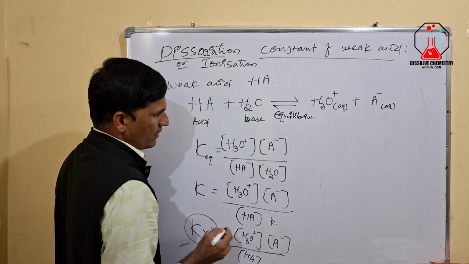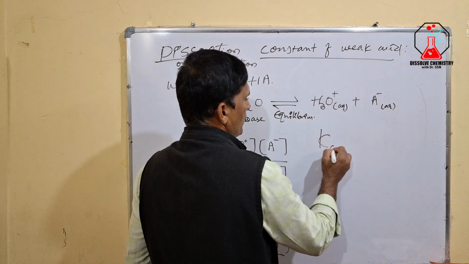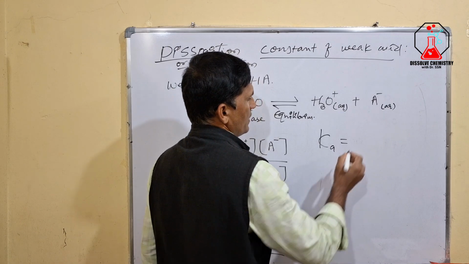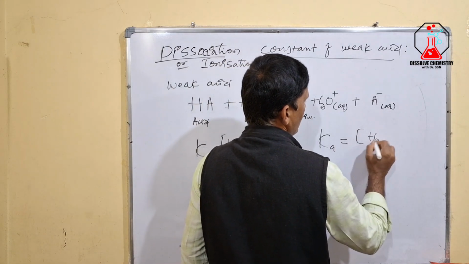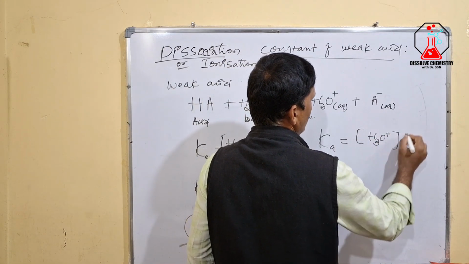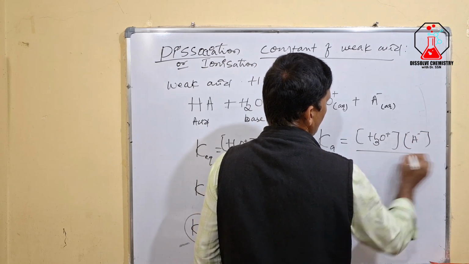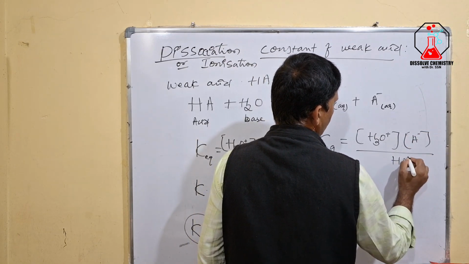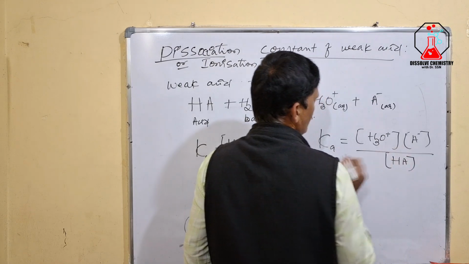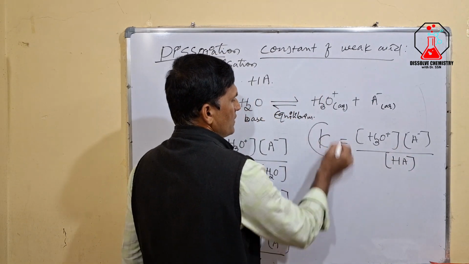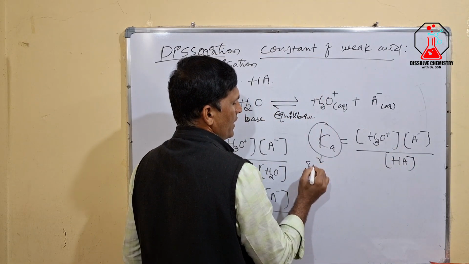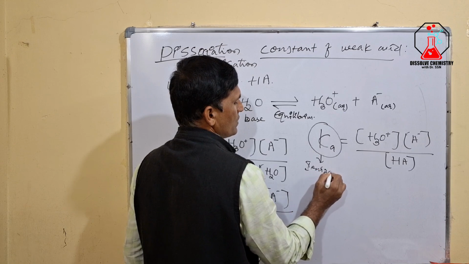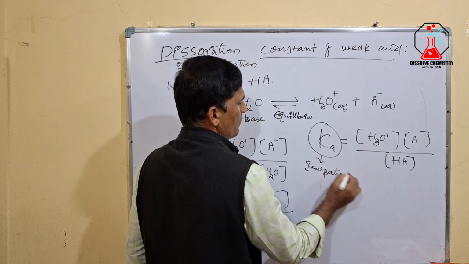These two put together we call Ka, the dissociation constant of acid, given as H3O plus into A minus divided by HA. This is called the ionization constant or dissociation constant of weak acid.